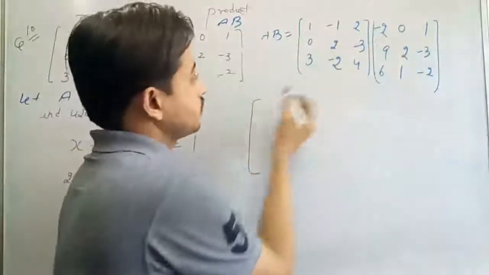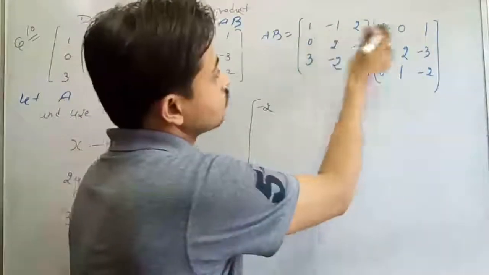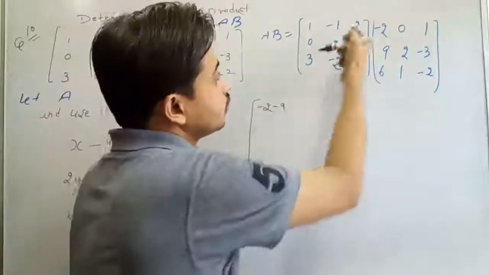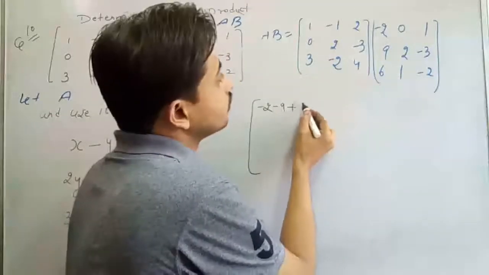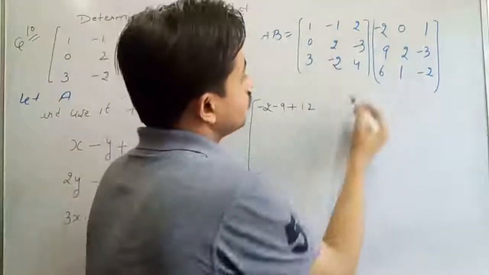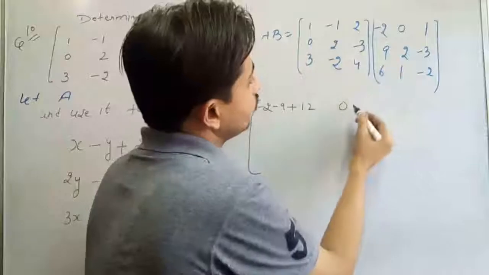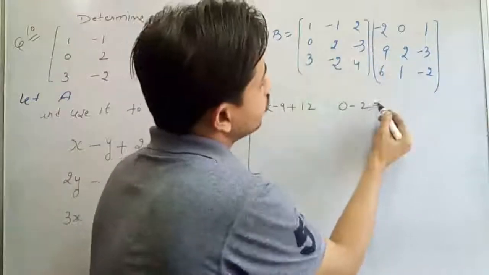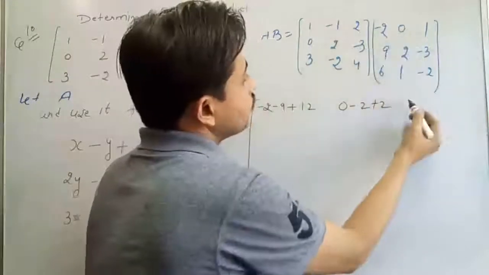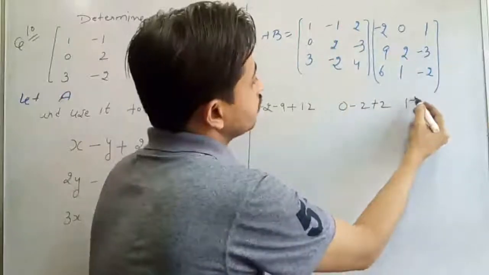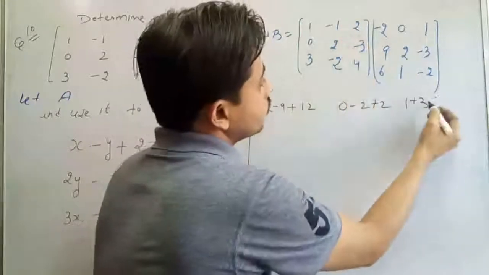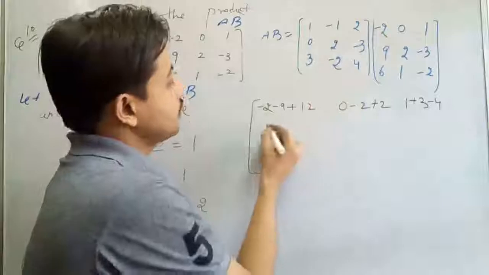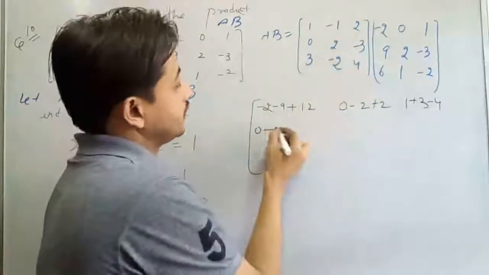1 into minus 2, minus 2. Minus 1 into 9, minus 9. 2 into 6, 12. 1 into 0, 0. Minus 1 into 2, minus 2. 2 into 1, 2. 1 into 1, 1. Minus 1 into minus 3, plus 3. 2 into minus 2, minus 4. 0 into minus 2, 0. 2 into 9, 18.